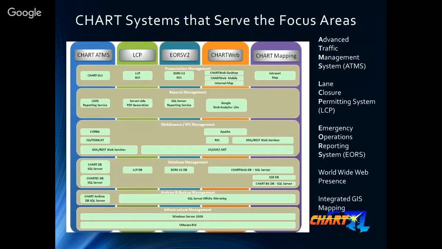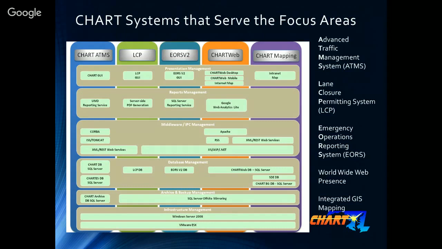The systems that we currently have in Maryland are an advanced traffic management system. These are the systems that I'm responsible for. A lane closure permitting system, an emergency operations reporting system, a bunch of web-based systems that connect these together and connect them to the internet, and then a mapping system. And those of you that may be in this computer world may recognize an enterprise architecture drawing.